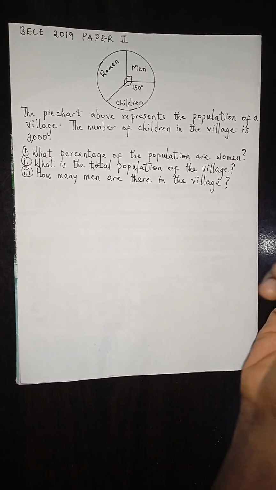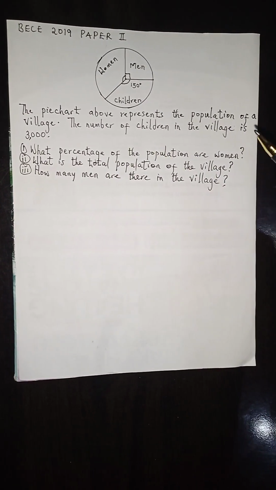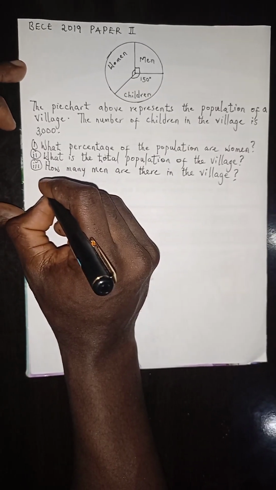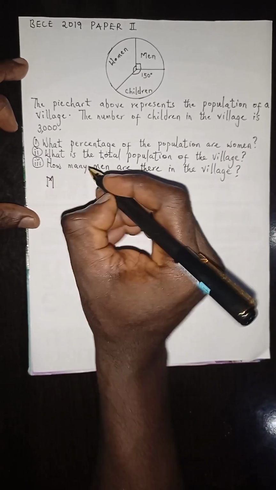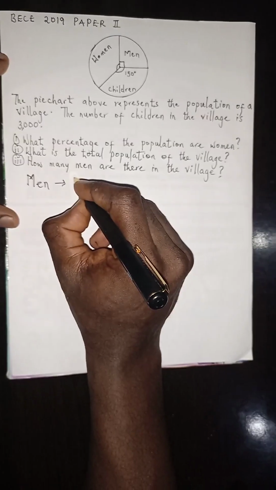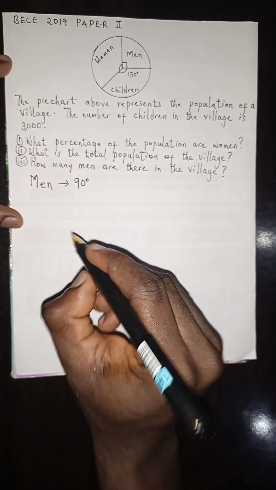So what I need to do is, first of all, the pie chart has been represented for us in angles. Now you discover that we have our men. The angle for men is 90 degrees.